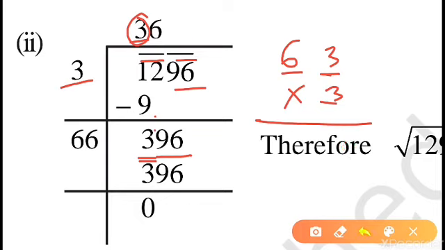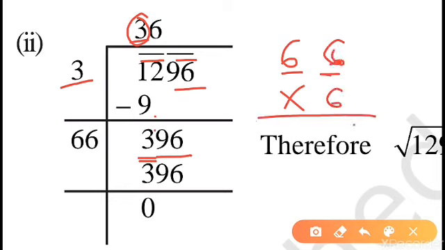If we write 6, similarly, 6 6s are 36 and carry 3, 6 6s are 36, plus 3 is 39, and we got 396. So 396 is here, so we will write 6 and 6 here. This 6, if we multiply by 6, we will get 396.